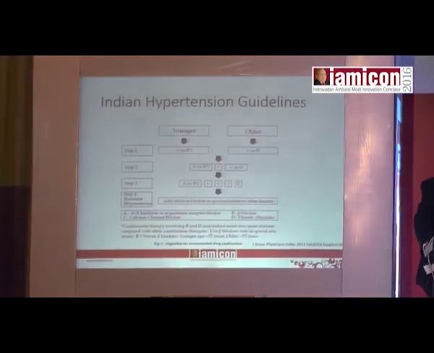In older patients above the age of 55, as per the guideline, you can use calcium channel blocker or low-dose thiazide diuretic. In step 2 hypertension, again in younger patients, A or B within brackets.